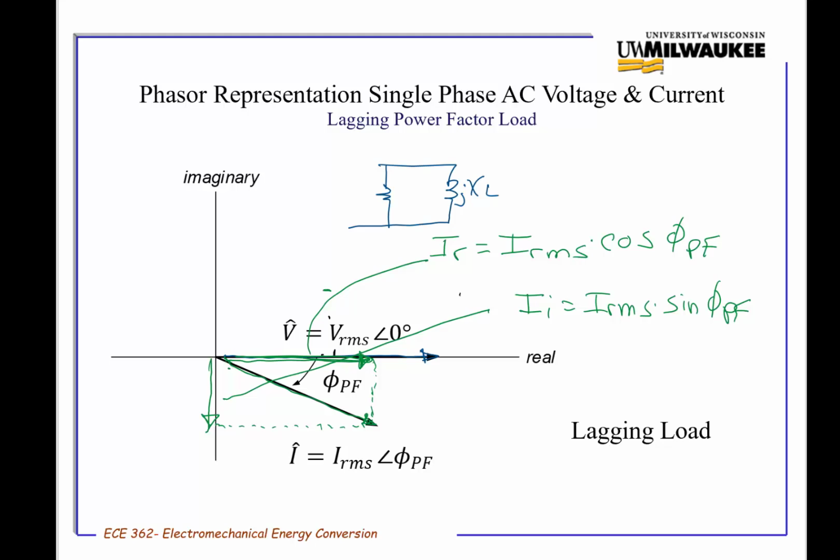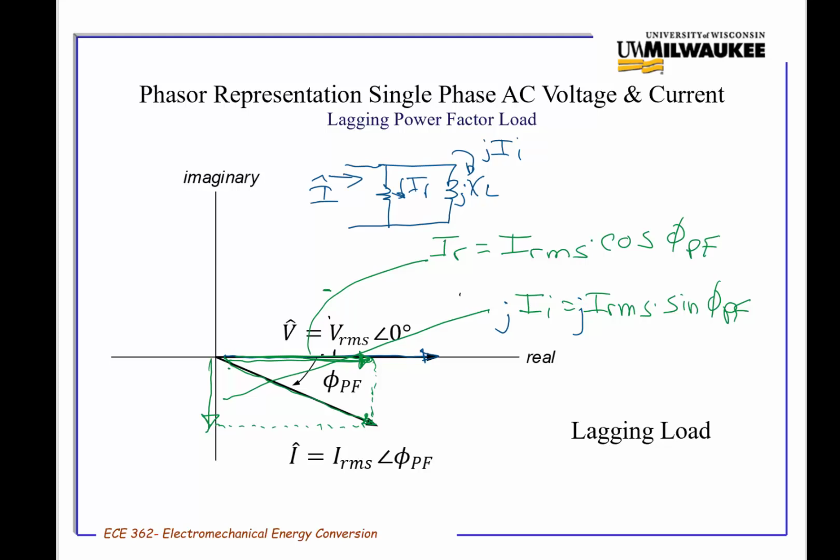To be exact with what I'm showing, because I'm showing this as a phasor, I should put a J here and a J right there. The sum of these two currents is the total current I coming in.